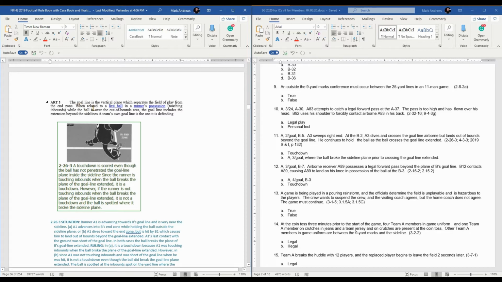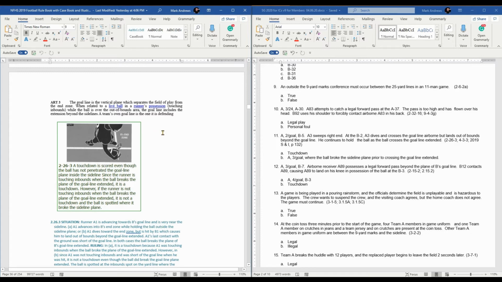When related to a live ball in a runner's possession, touching inbounds, that's important. While the ball is over the out of bounds area, the goal line includes the extension beyond the sideline. So we see the goal line extension right here in this picture. Here's the pylon, and there's the goal line extended. Now notice he is inbounds, touching inbounds, while the ball will cross the goal line extended.